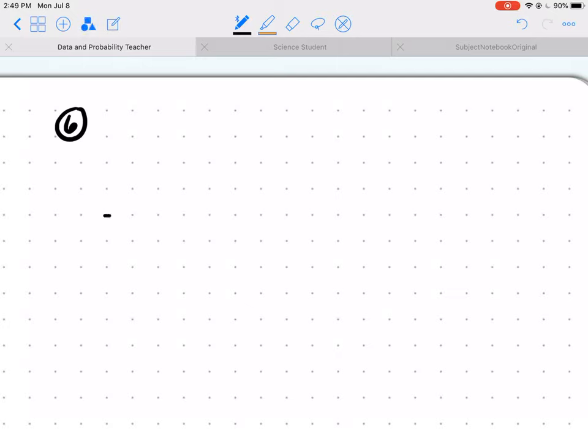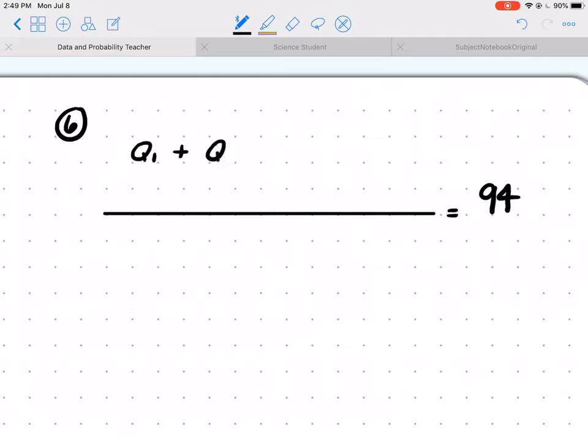So average is mean. I'm going to set that up. We want to get this average. Okay, so we have quiz 1, quiz 2, and the final counts twice. That's what double means. So we know that quiz 1 was an 87.